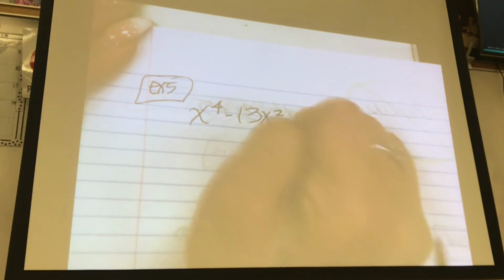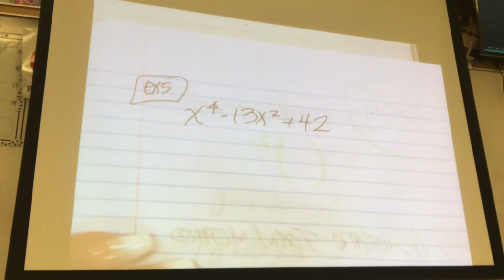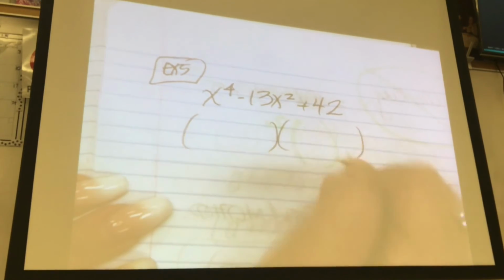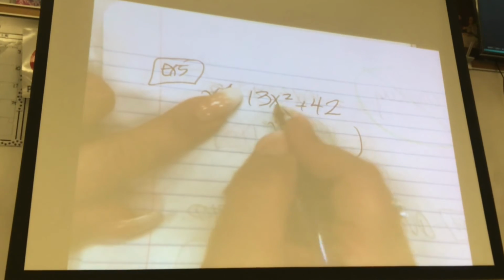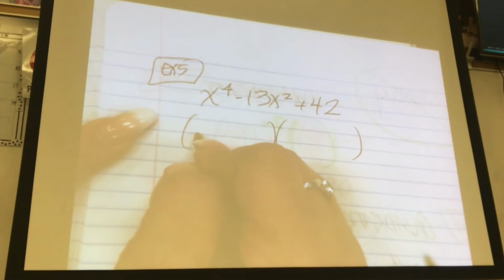Example 5. How would you factor x to the fourth minus 13x squared plus 42? What's the middle term? 13x. No, what? Oh, negative 13x squared. So what is going to be here?